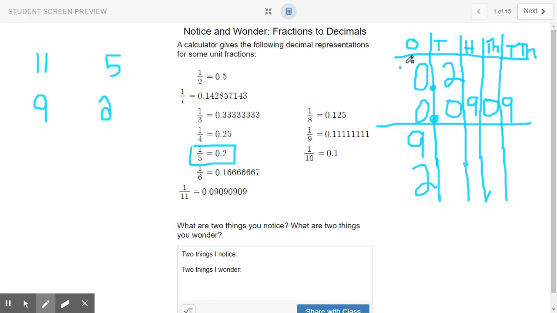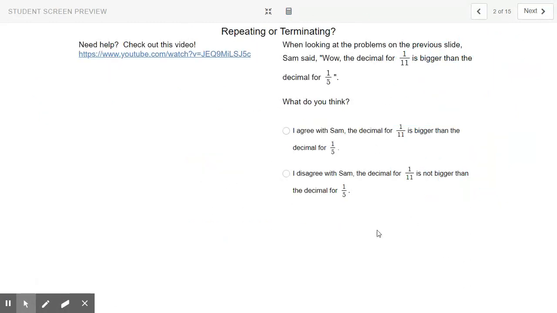Okay, so therefore 2 tenths is actually larger than the 0.090909. So when we look at this problem, the answer here is that I disagree with Sam because 1/5 is actually larger than 1/11th.